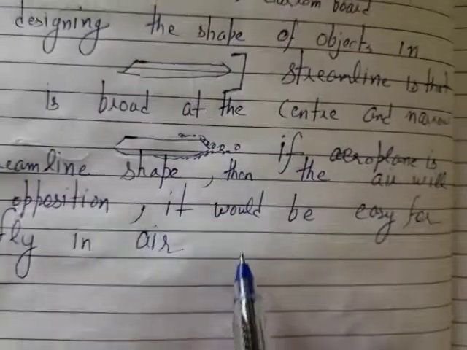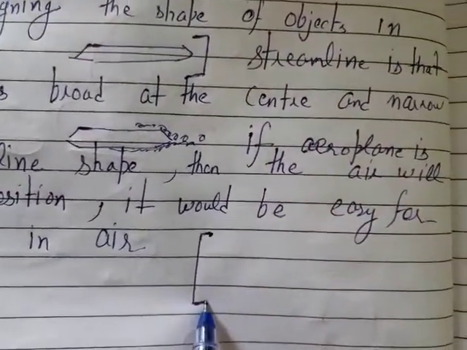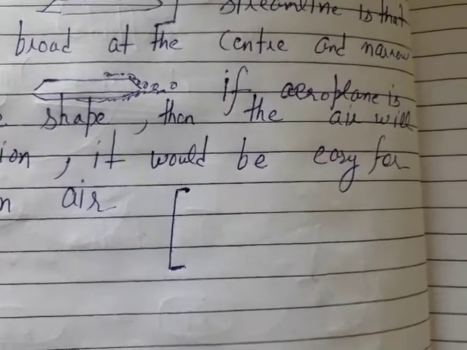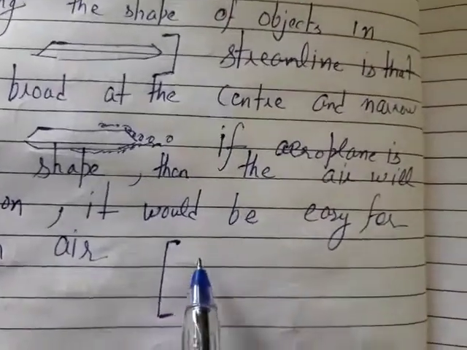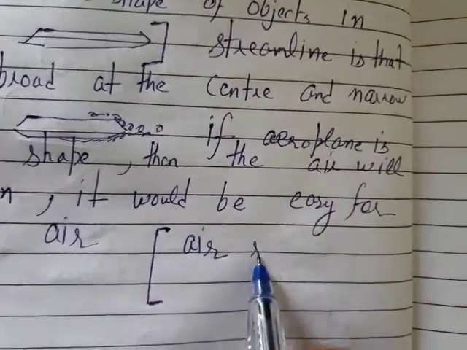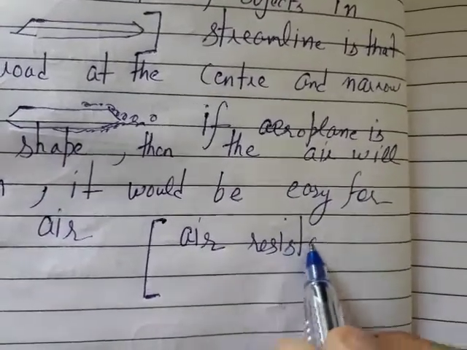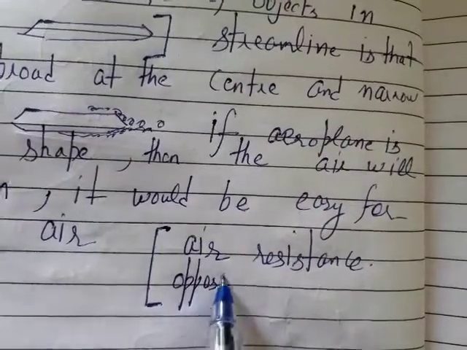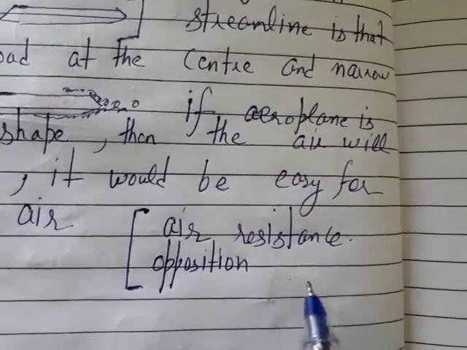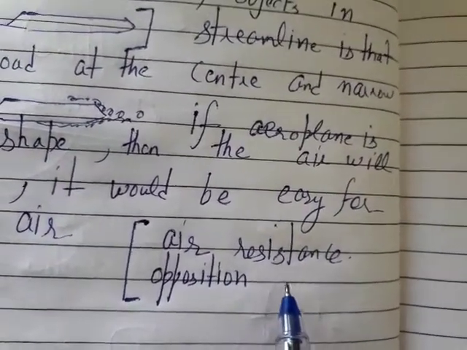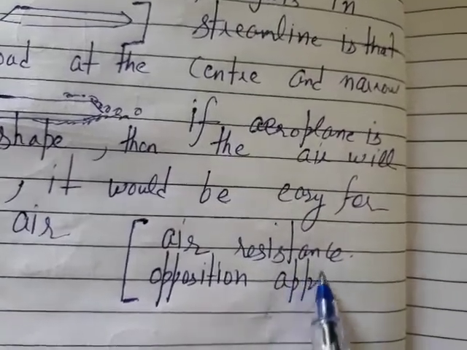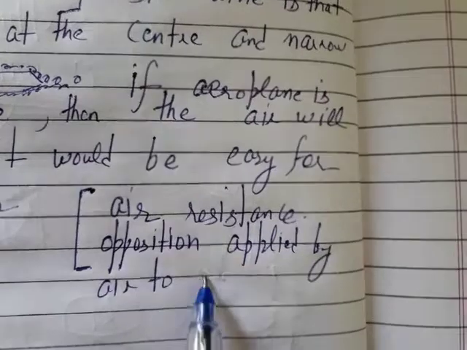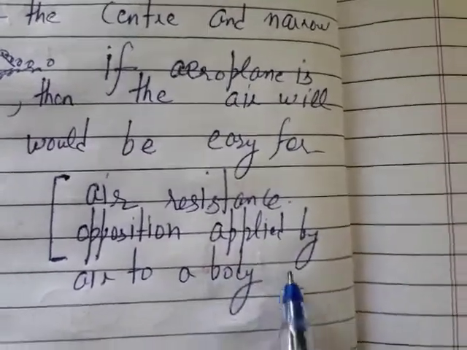Air gives opposition to bodies flying in it, whether it's a bird or an aeroplane. That opposition is known as air resistance. So what is air resistance? It is the opposition applied by air to a body flying in air.